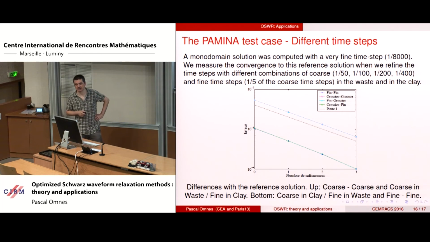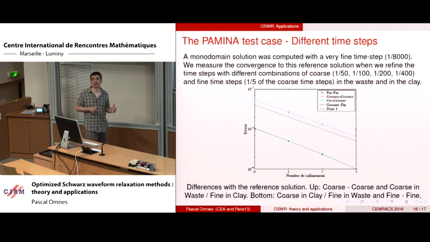One interesting thing that Paul-Marie did was, as I told you, to try to have different time steps in the different zones. The experiment he did was to compute a monodomain reference solution with a very, very fine time step everywhere, and to see the effect of coarsening the time step in the clay region.